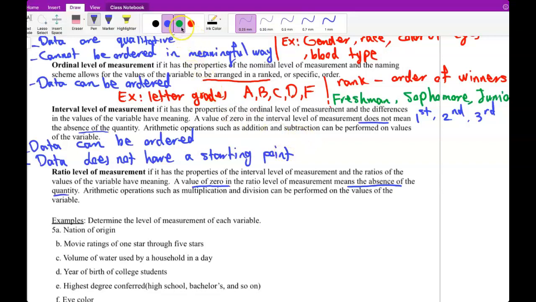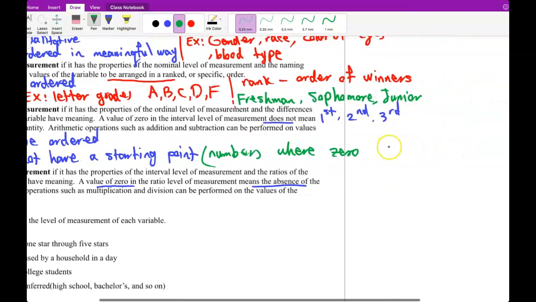Okay, in other words, numbers where 0 is not the beginning point.